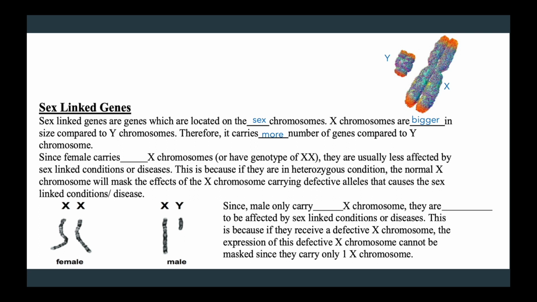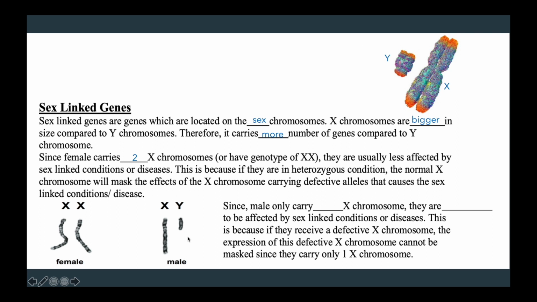Since females carry two X chromosomes, or have the genotype XX, they are usually less affected by sex-linked conditions or diseases. This is because if they are in heterozygous condition, the normal X chromosome will mask the effect of the X chromosome carrying defective alleles that cause the sex-linked conditions or diseases.